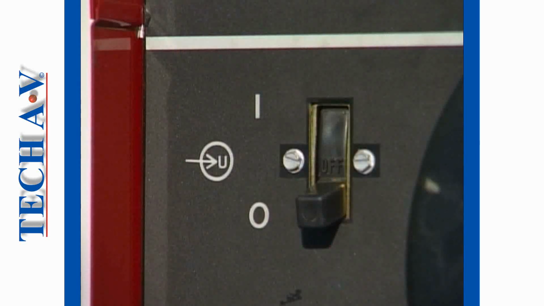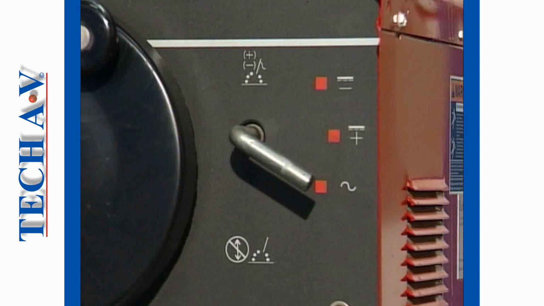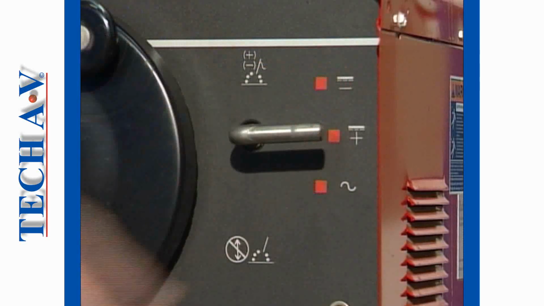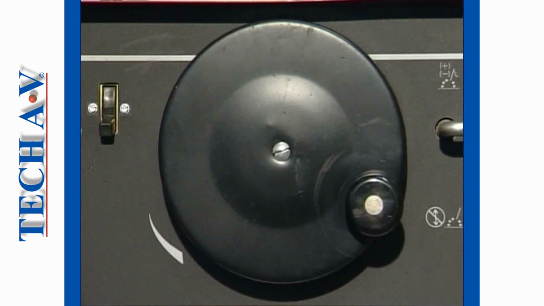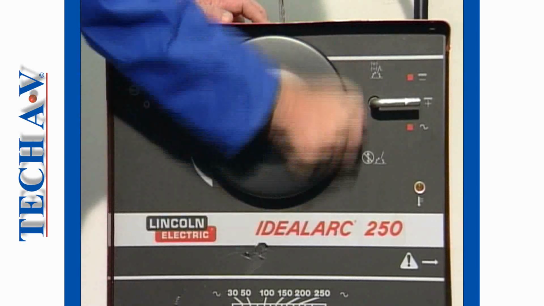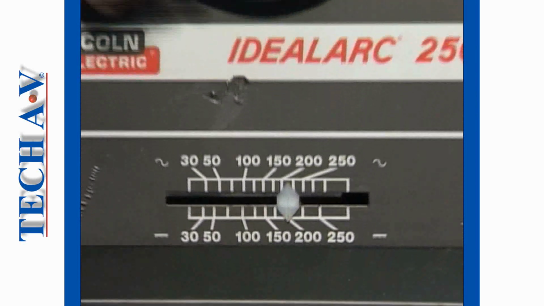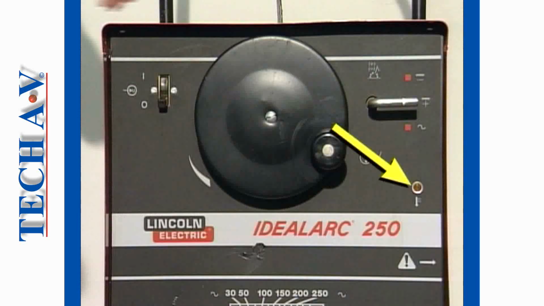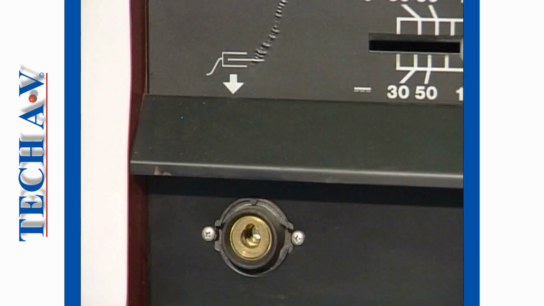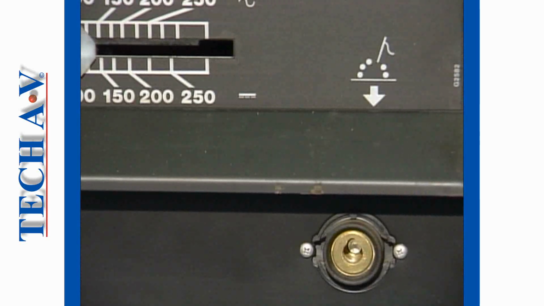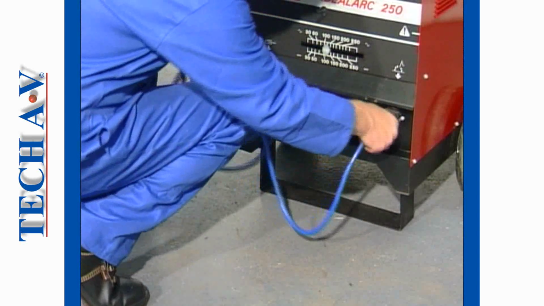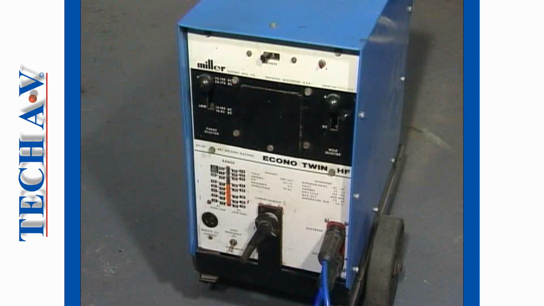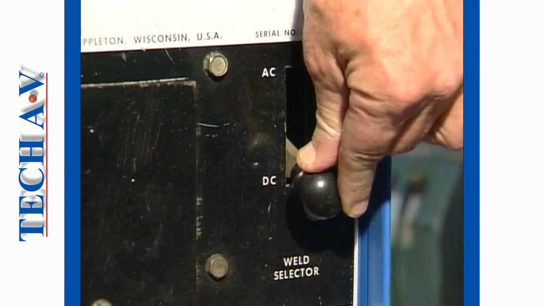This particular machine features the following: an isolation switch, used to start and stop the machine; a current selection switch, used to select between AC and DC output; an amperage control wheel, used to adjust the output current; an amperage indicator that displays the current setting in amps; a temperature warning indicator that shows if the machine is getting too hot; and welding lead connector sockets into which the two welding leads are attached. You will find similar controls and instruments on other makes of combination welding machines.